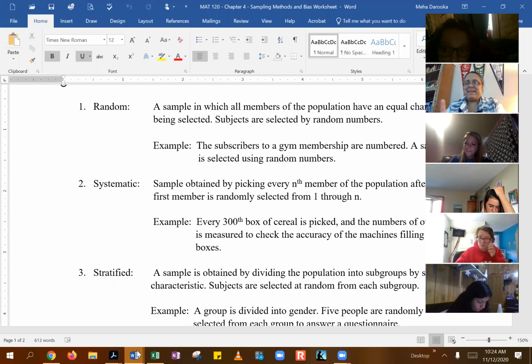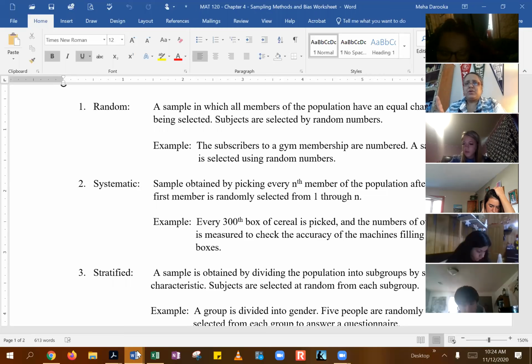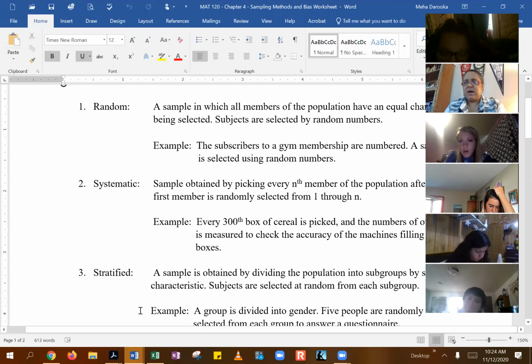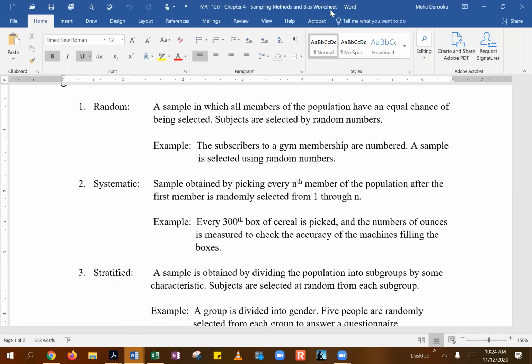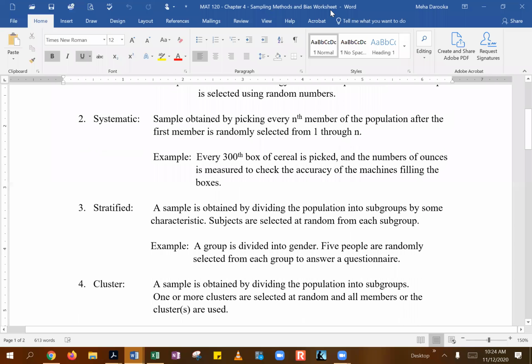So basically in systematic sampling, you will select every third member, or every fifth member, every 10th member, depending on what your population is and what sample size you're looking for. In this example, they're talking about every 300th box of cereal being picked.